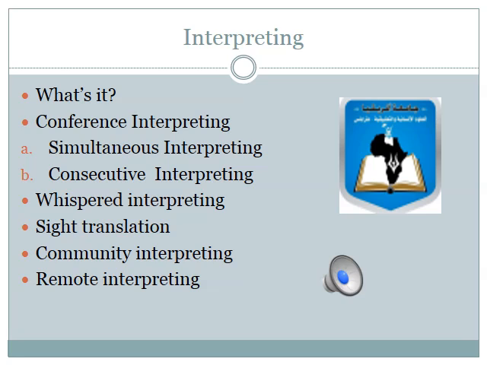Remote means far, distant places. Remote interpreting is used when the interpreter is not available in the same room as the speaker or listener or both. Telephone interpreting is the oldest form of remote interpreting.